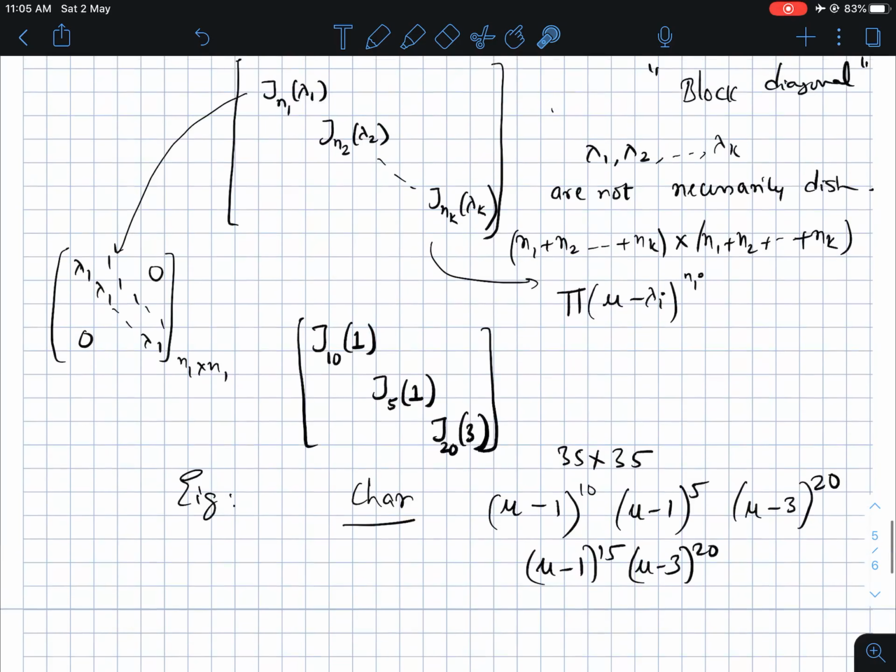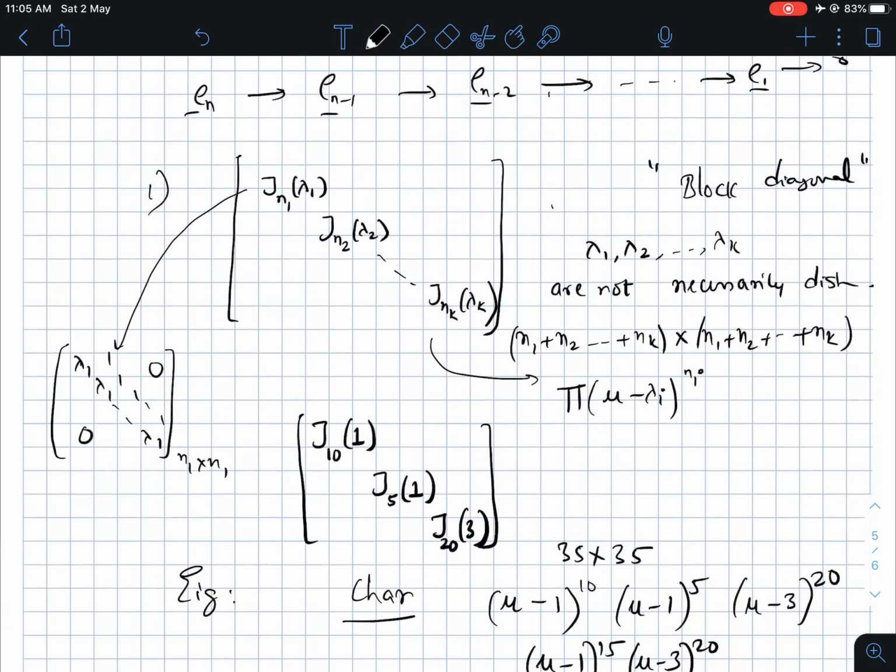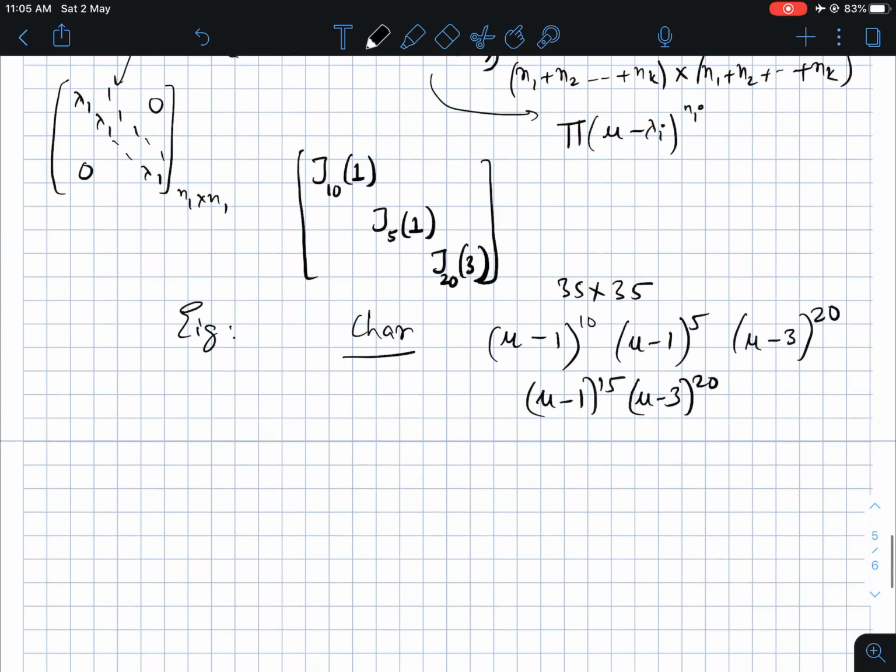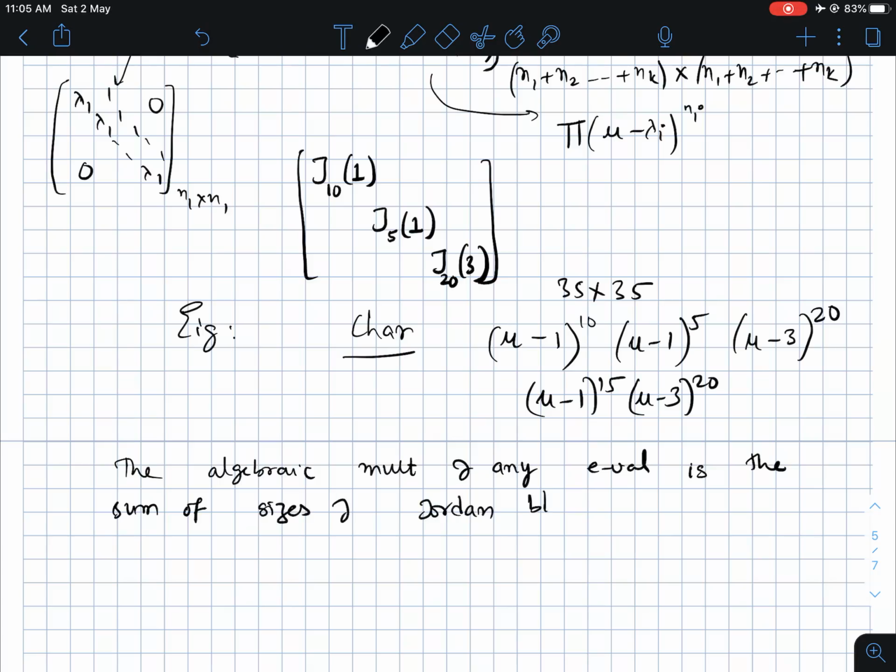So in this matrix here, the first property that you will note is that the algebraic multiplicity of any eigenvalue is the sum of sizes of the Jordan blocks corresponding to that eigenvalue.